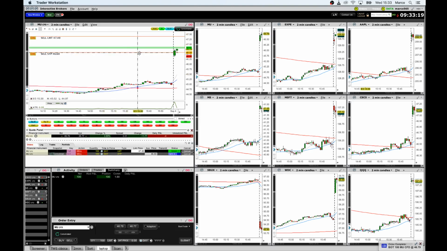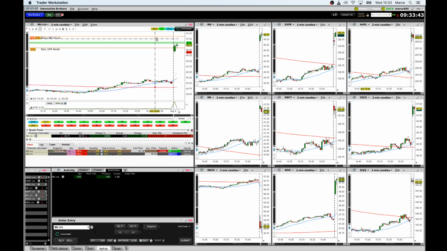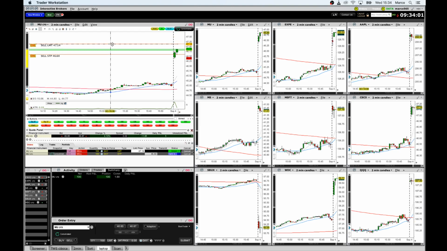What is the stop? The stop is not exactly where I want it to be, but... Oh my god, the platform is too slow.